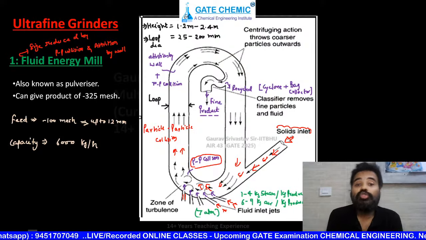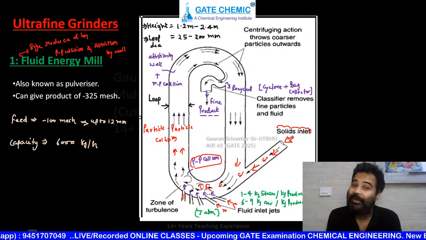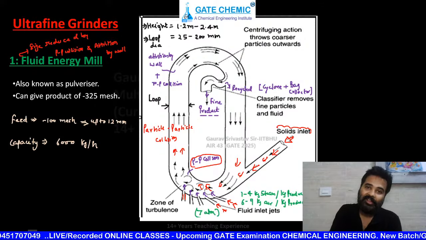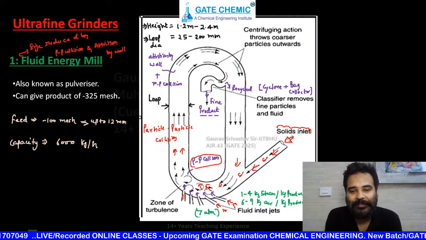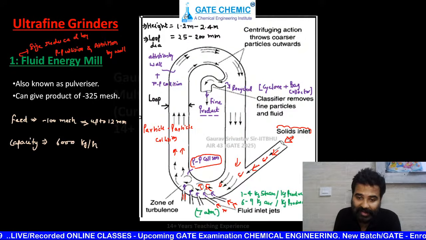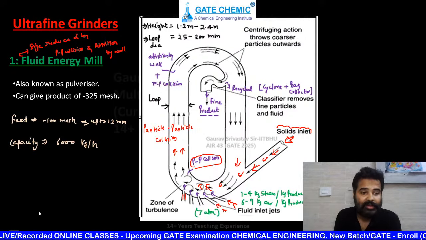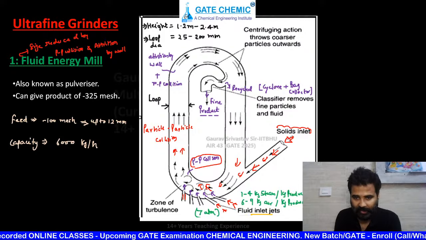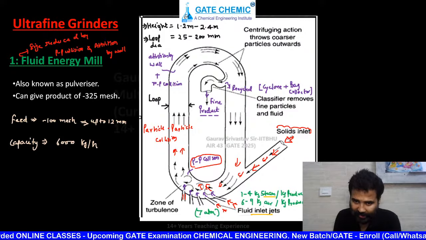So then how does size reduction occur? Particle collision and collision with the wall of this fluid energy mill, because you are introducing from bottom fluid inlet jets. These fluid inlet jets can be steam or it can be air.